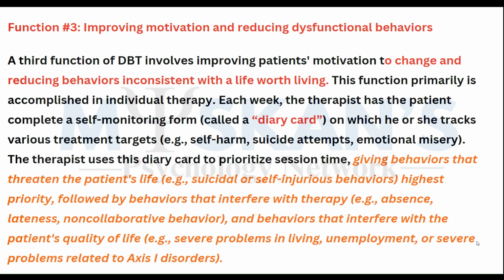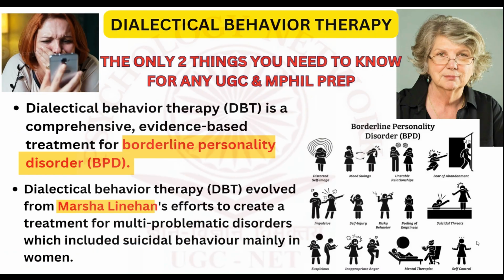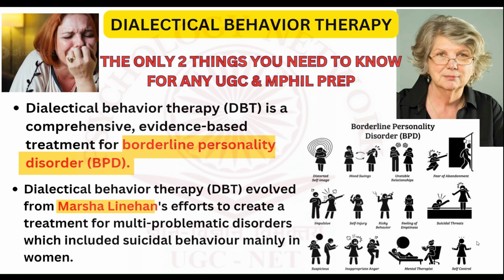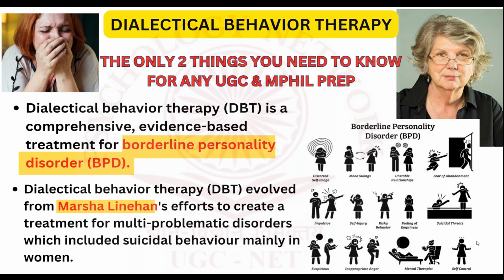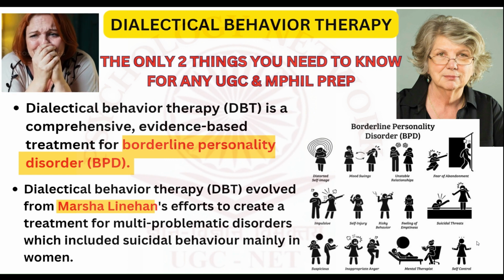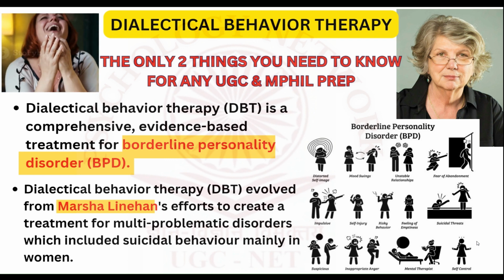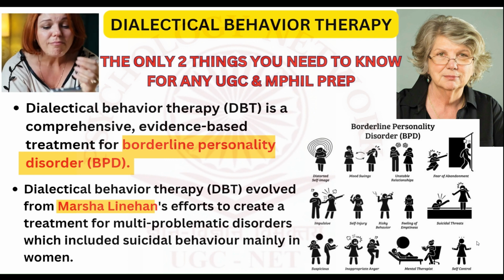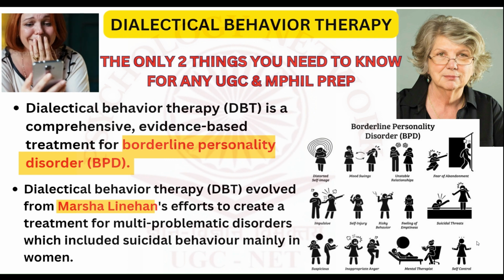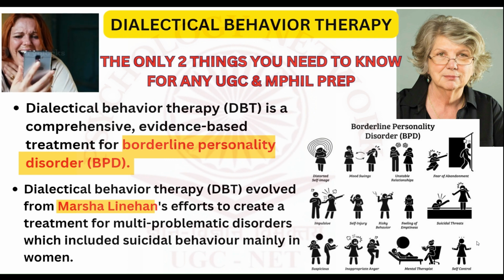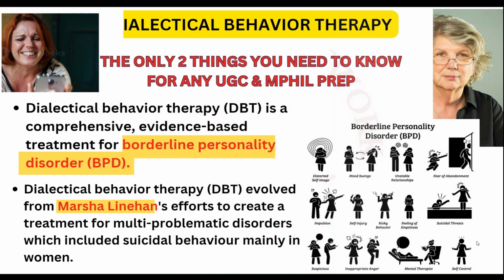Moving on to function number three, which is improving motivation and reducing dysfunctional behaviors. Now, what are the dysfunctional behaviors? Again, coming here, dysfunctional behaviors can be again at the affective level or at the thought level or at the behavioral level. So it can be the fear of abandonment, impulsiveness, self injury, risky behaviors of drinking and smoking, feelings of emptiness, and suicidal threats.